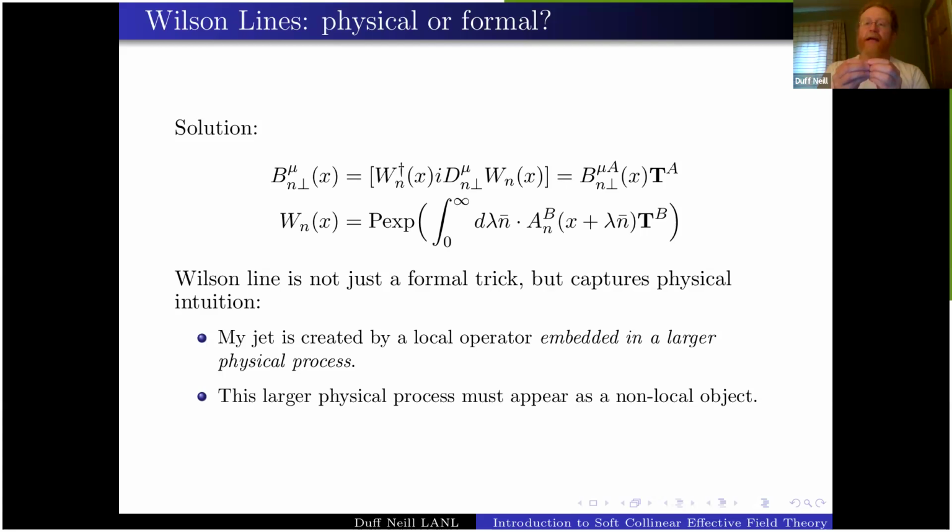I've dumped a whole bunch of energy down into some small space-time point, but it's not going to stay localized as time evolves. Instead, it's going to spread out and go off to infinity. And so in the course of the evolution of my jet, it is going to be sensitive, in some sense, to this larger physical process that is the scattering event. And that larger physical process is going to take place over my entire space-time region available to me. In other words, it's going to be some type of non-local object.